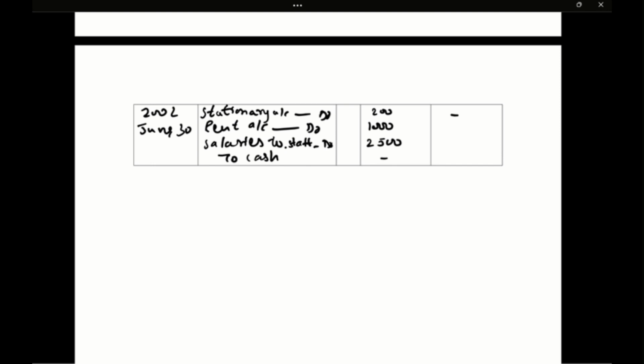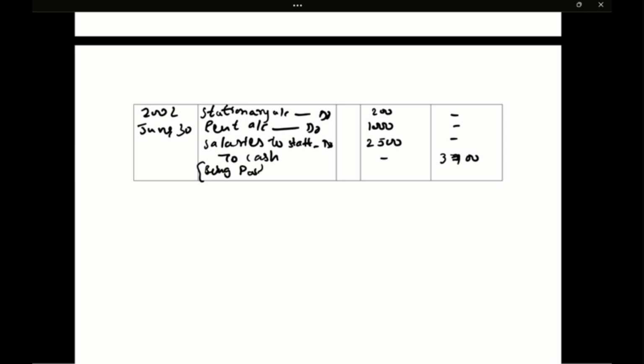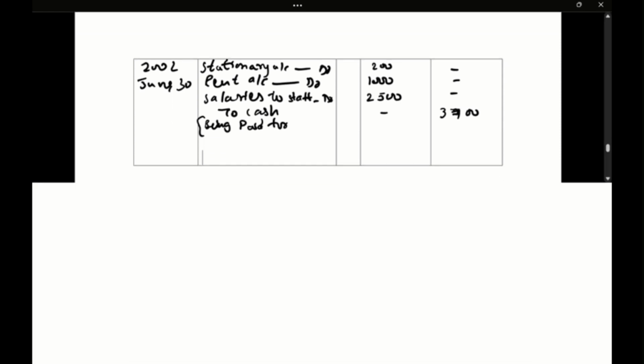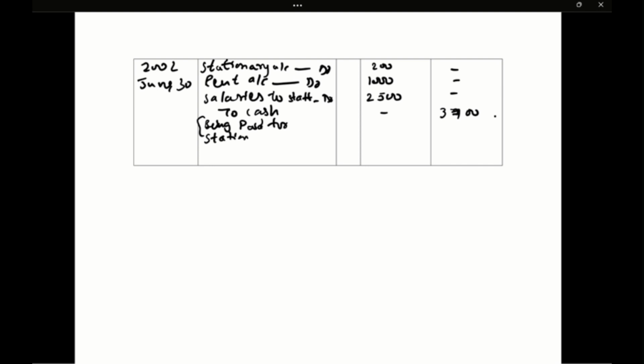Total will be 3,700. And the narration will be being paid for stationery, rent and salaries to staff.